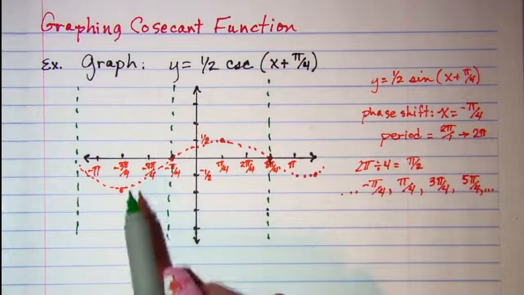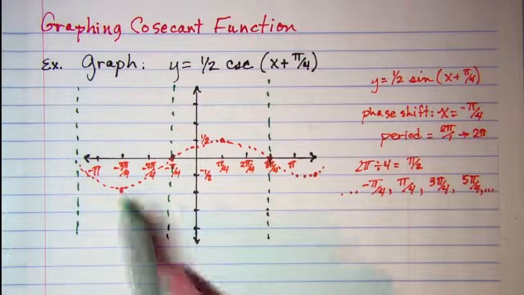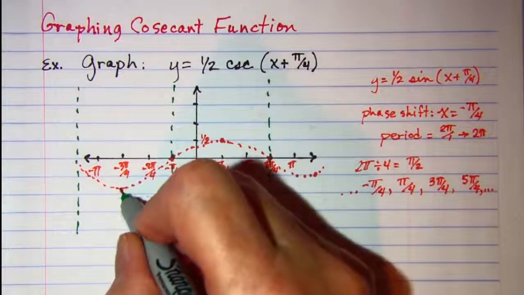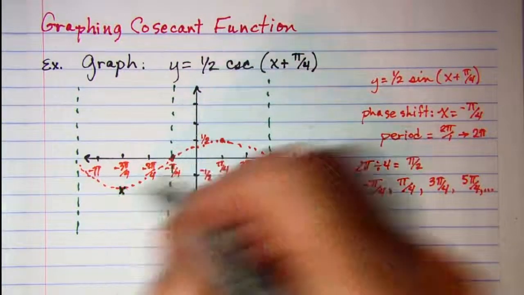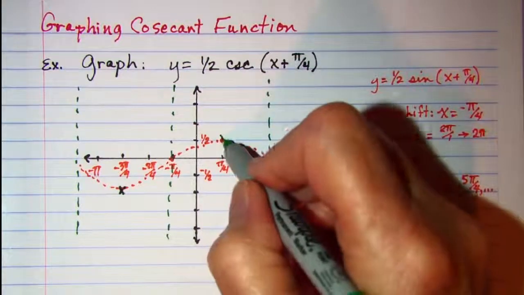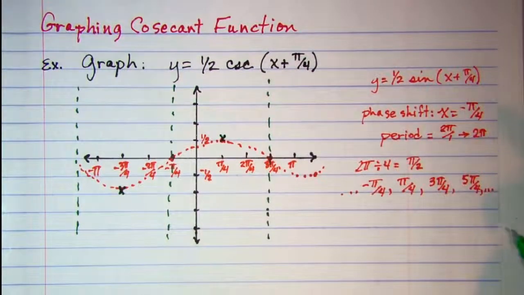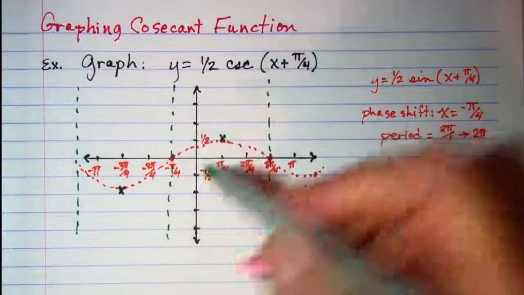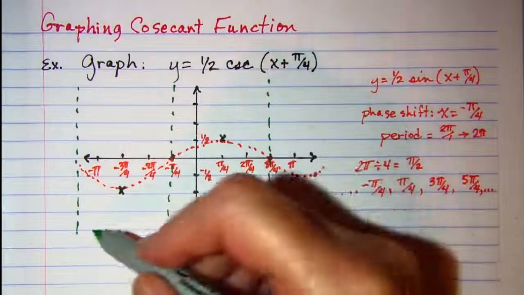And then the reciprocal of negative 1 is negative 1, so my cosecant curve hits this point, and it hits this point. So I can draw my cosecant curve now.